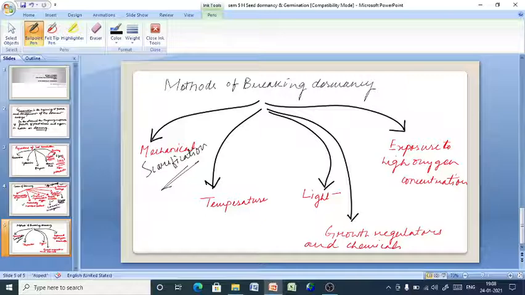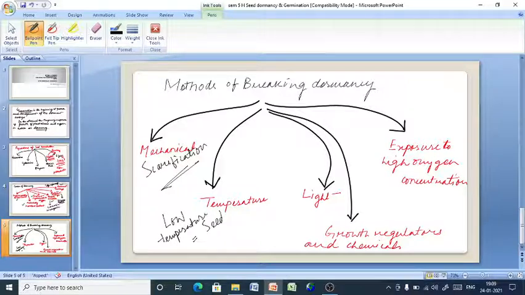Now, temperature. We can apply temperature in two ways. One by using low temperature and one by using alternating temperature. The low temperature is most important. So, by the application of low temperature, when we induce germination by breaking dormancy, this is known as seed stratification.